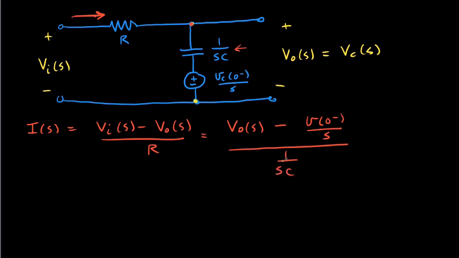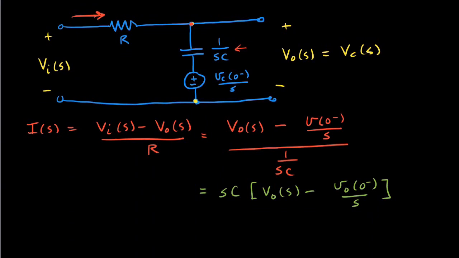And we notice that dividing by 1 over SC is the same as multiplying by SC. So the right-hand side can actually be written as just SC onto the quantity V out of S minus V out of 0 minus divided by S. That's what the right-hand side can be.